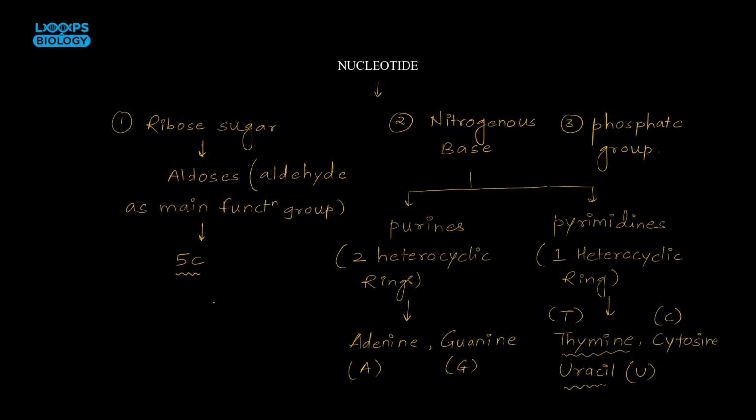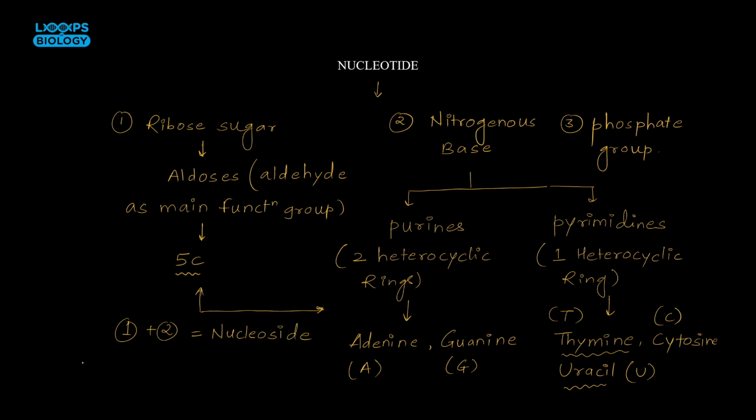So if the particular structure has only two parts, that is ribose sugar and nitrogenous base, so if there is only this condition, that is nothing but your ribose sugar and nitrogenous base, then this structure is called a nucleoside.